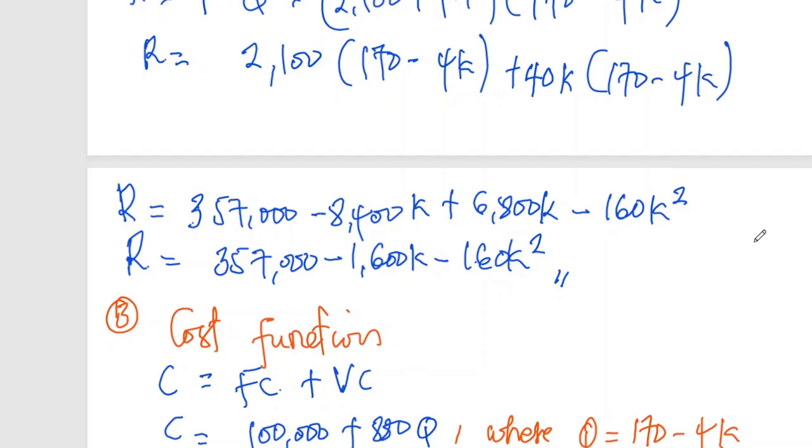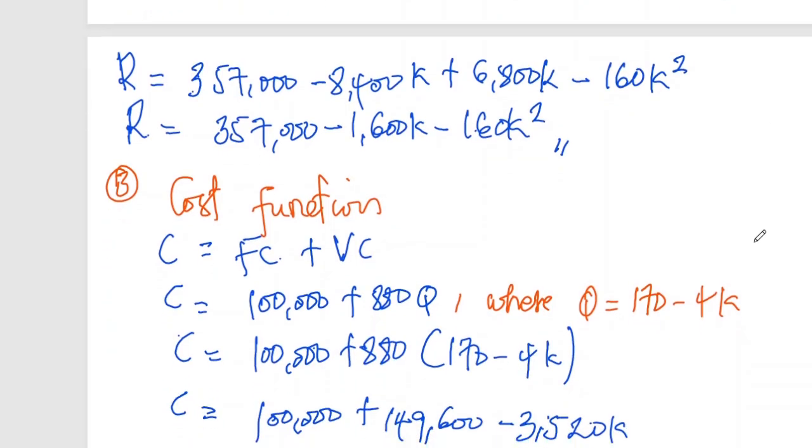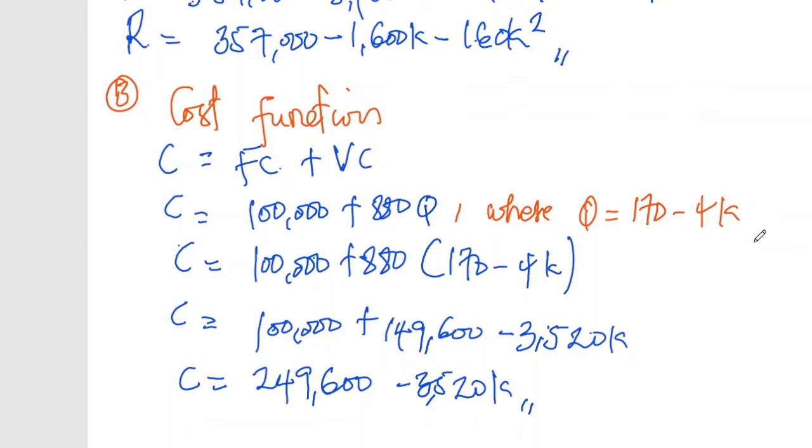After getting your revenue function, the next thing is your cost function. Cost is equal to fixed cost plus variable cost. Our fixed cost is 100,000 plus 880Q, where Q is the quantity, 170 minus 4k. So we substitute 170 minus 4k wherever we see Q: 100,000 plus 880(170 minus 4k).